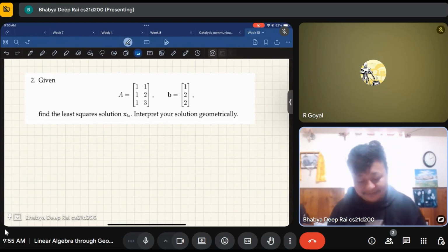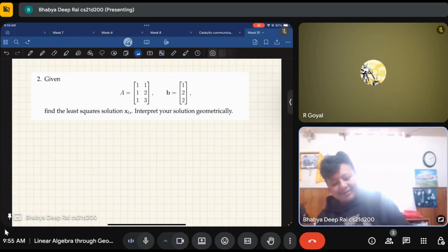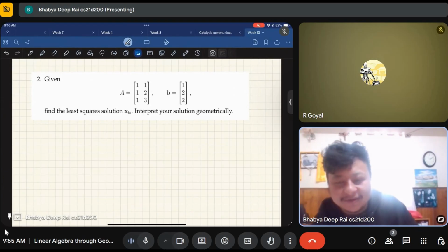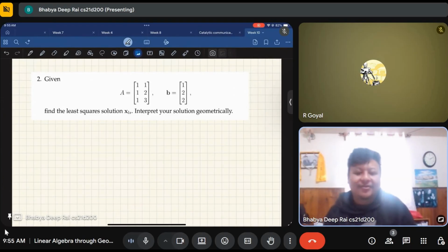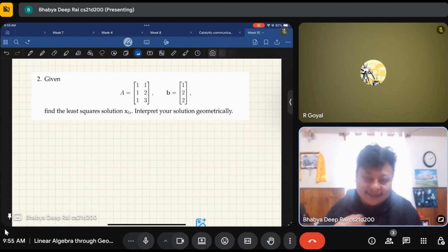Great. So it's saying given this A and B, find the least square solution XLS, interpret your solution geometrically. Well, interpretation I think we can understand easily, but what about the least square solution XLS?